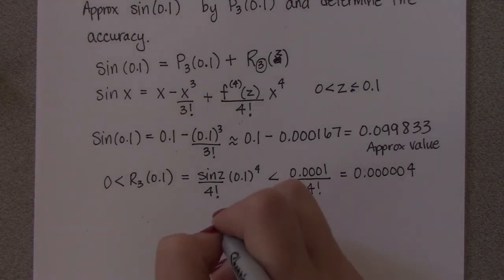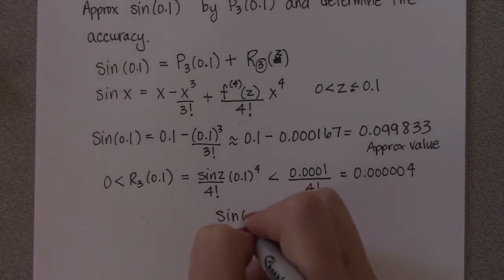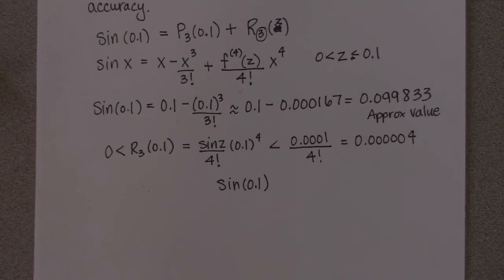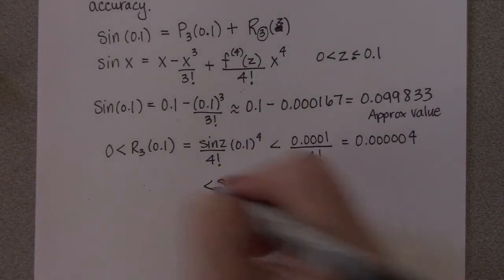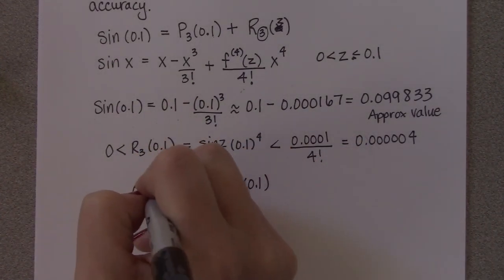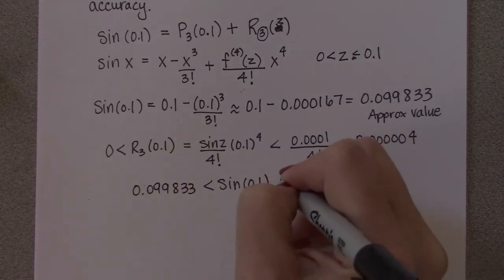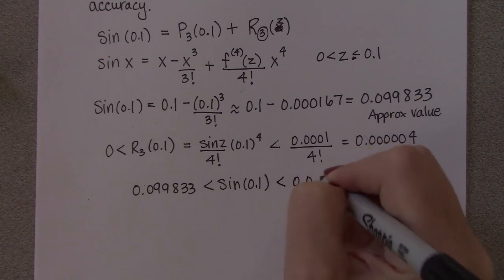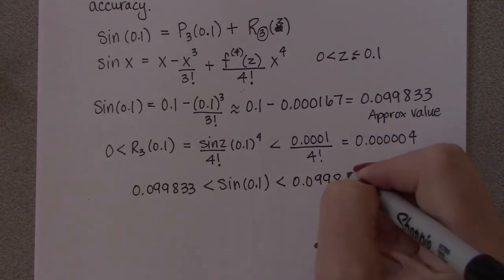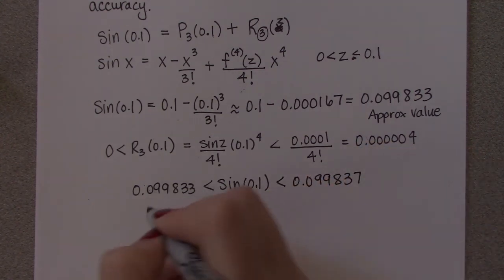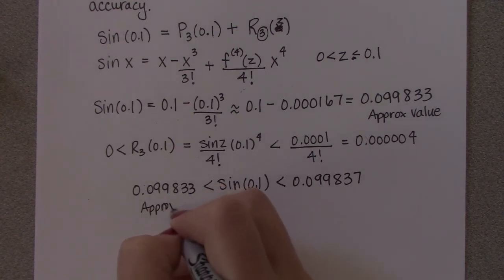So this implies that sine of 0.1 is bigger than our approximate value because we know we didn't get everything, but no bigger than the remainder we calculated. So this was the approximate value.